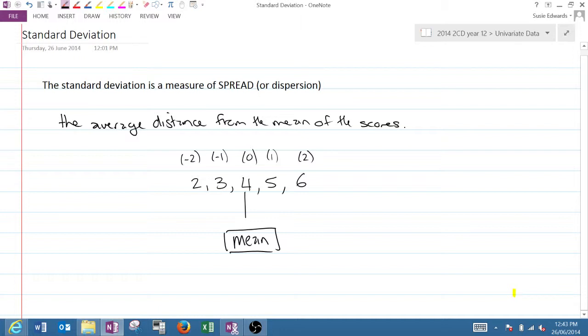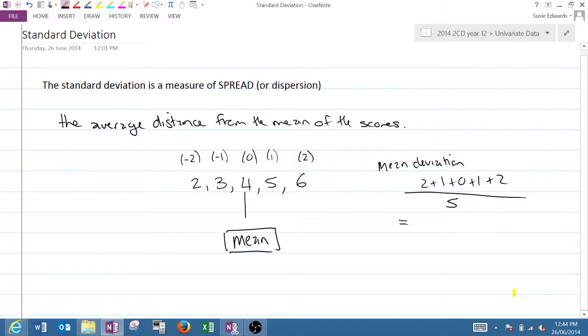So one of the ways we look at it is firstly called the mean deviation, which is a little bit different. If I just change those numbers to positives, we could say 2 plus 1 plus 0 plus 1 plus 2, all divided by 5 because there's 5 scores.